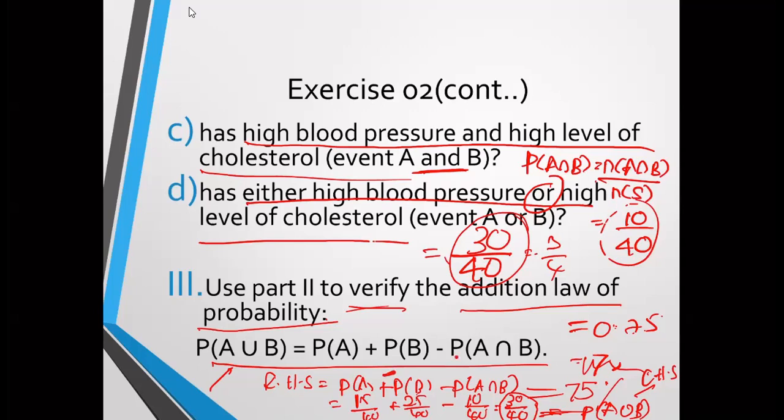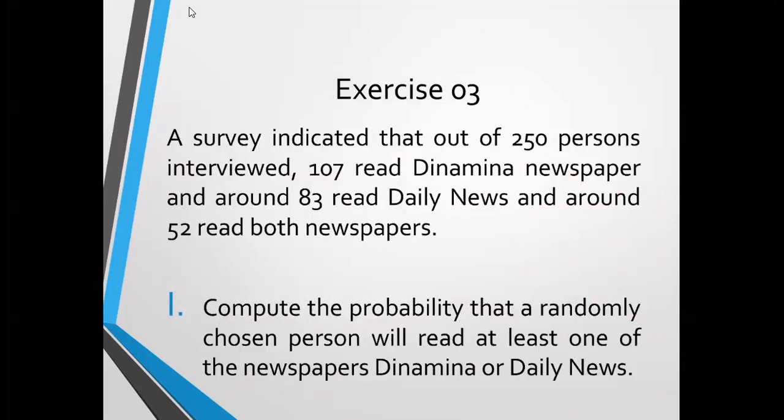Finally, we showed right hand side is equal to left hand side using the results we obtained in part 2. It's given, we have to use results of part 2. Understand? Okay, so that is the exercise number 2.